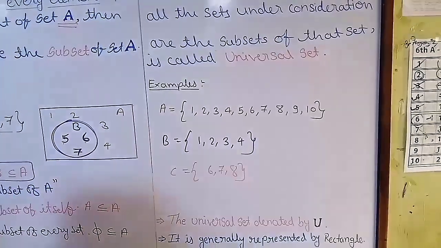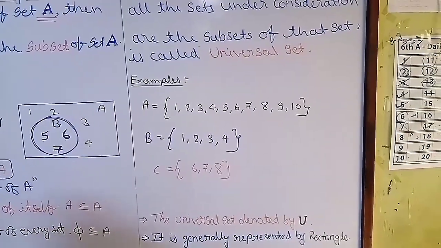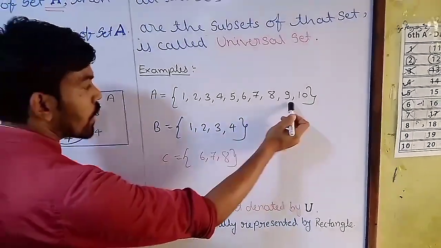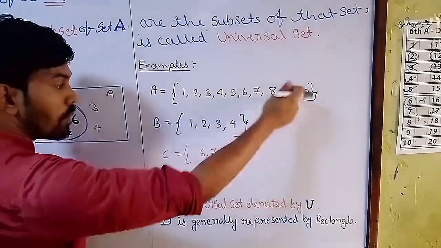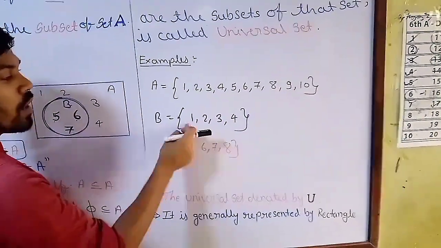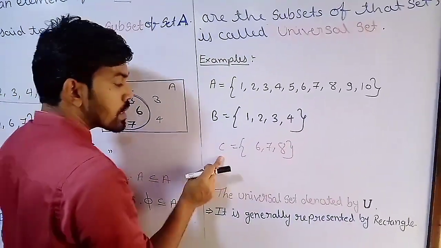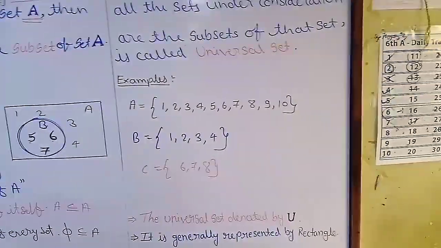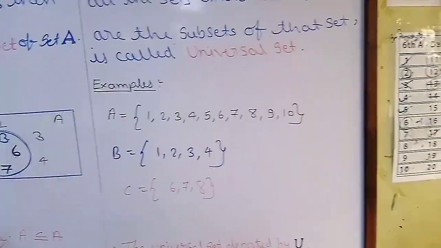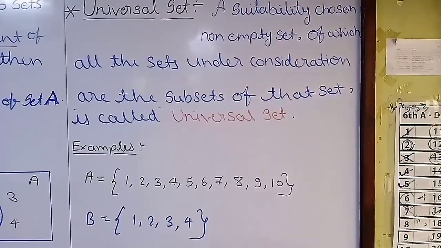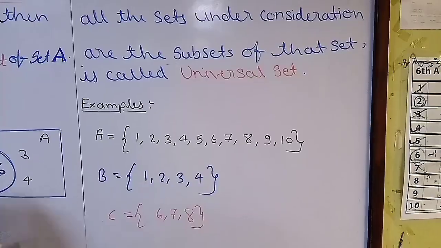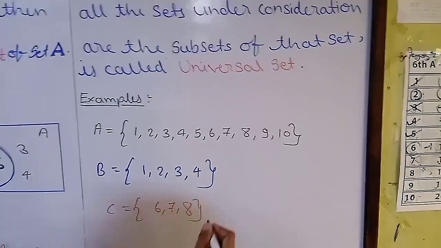So here we have three sets, set A, set B and set C. In set A we have 1 to 10, in set B we have 1 to 4, and in set C we have 6, 7, 8. Now how can we say which is the universal set out of these three?